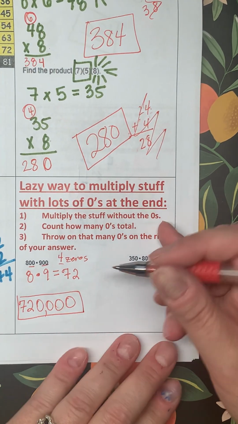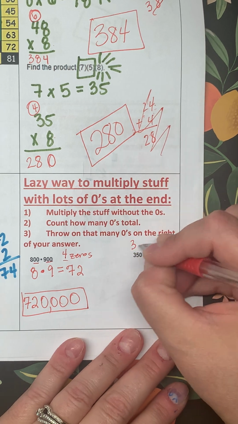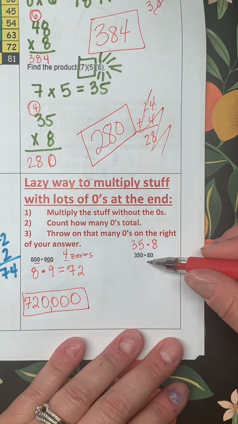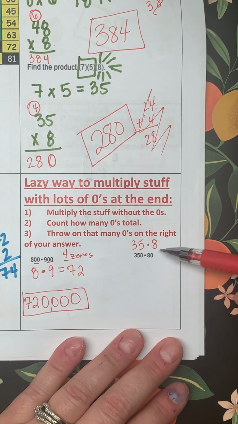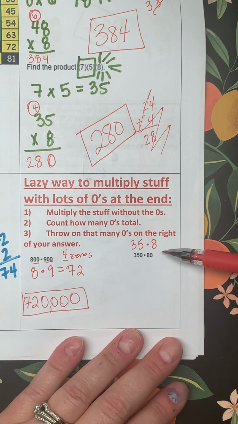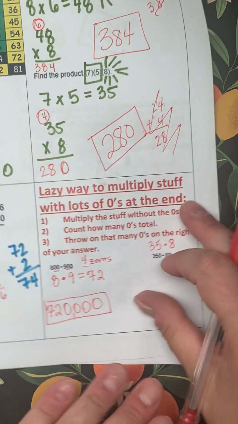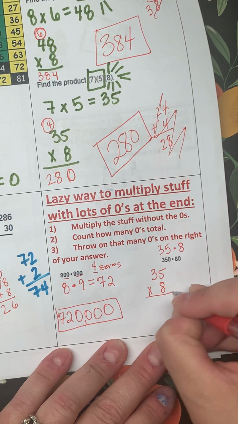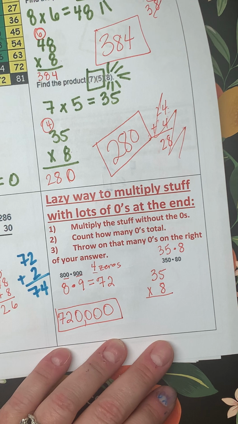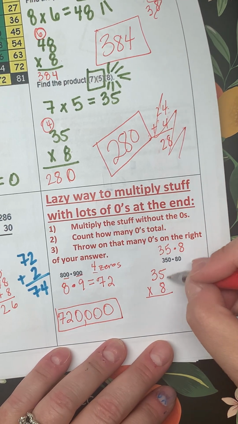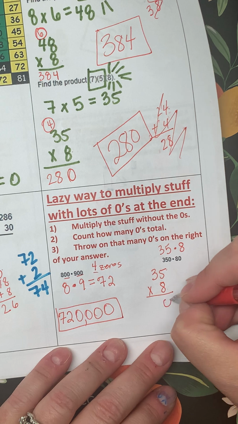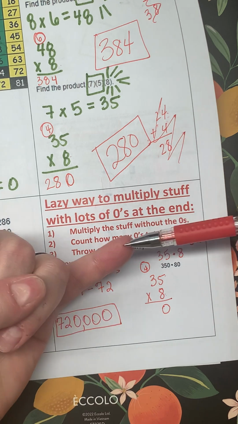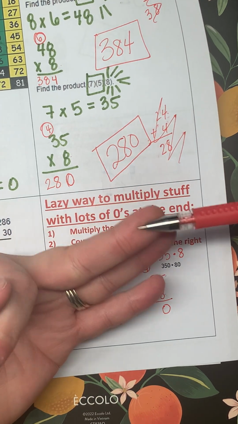Okay, let's do it for this number on the right. First, we're just going to look at the stuff without the 0. So 35 times 8. And then we need to actually multiply that. It's a 2-digit number times 1 digit. So I think I'm going to go up and down like 4th grade and say 35 times 8 this way. Okay, so we say 5 times 8 is 40. So I put a 0, carry the 4. 8 times 3, 8, 16, 24.